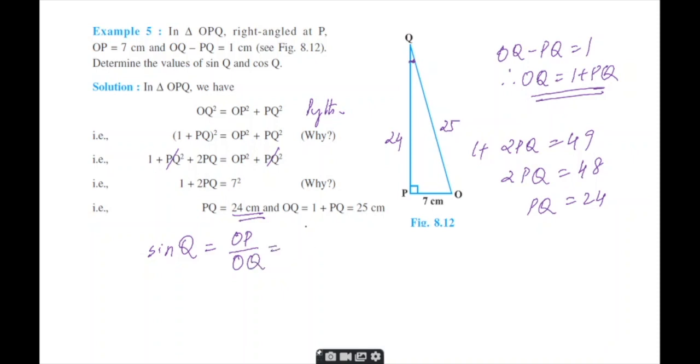That is OP, that is 7 divided by 25. Similarly, cos Q is equal to adjacent, that is PQ divided by OQ, which is equal to 24 divided by 25.